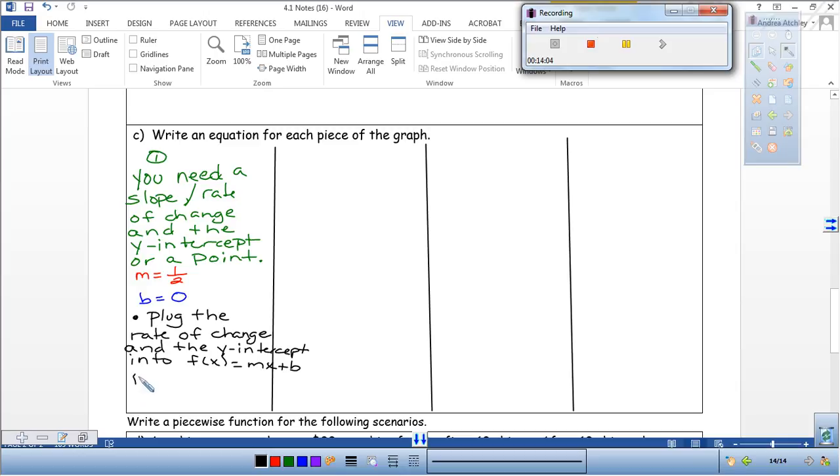Okay, so we just take f of x equals my slope of 1/2 or my rate of change of 1/2 times x plus the b value, which is 0. Okay, and that's your equation of that line. On a test, you want to go one like this. You don't need the plus 0, it's just implied when you have nothing being added to it. Any questions over that? We're all good?